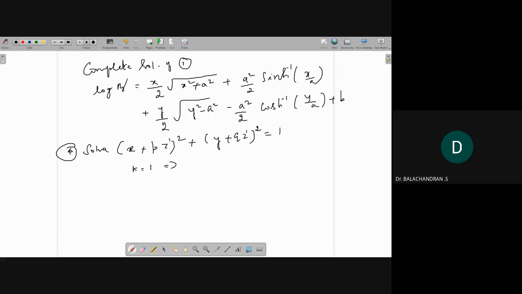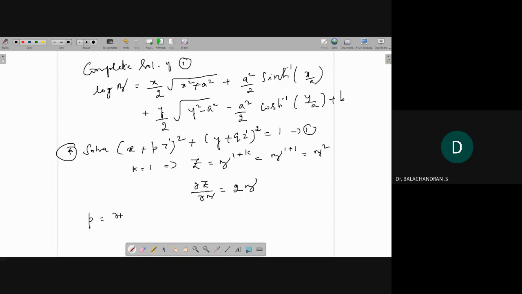So if k is 1, capital Z equal to z power 1 plus k, and 1 plus k is 2, so capital Z equals z square. Now, dou capital Z by dou small z equal to 2z. We call this equation 1.